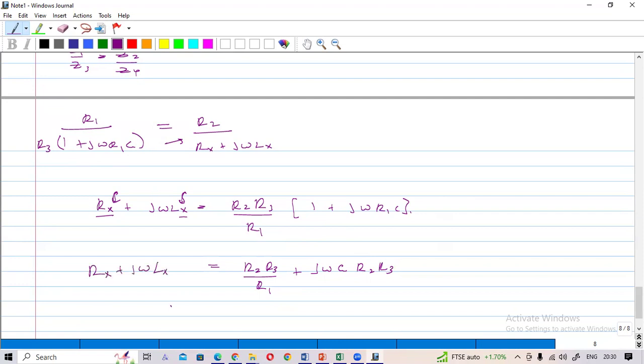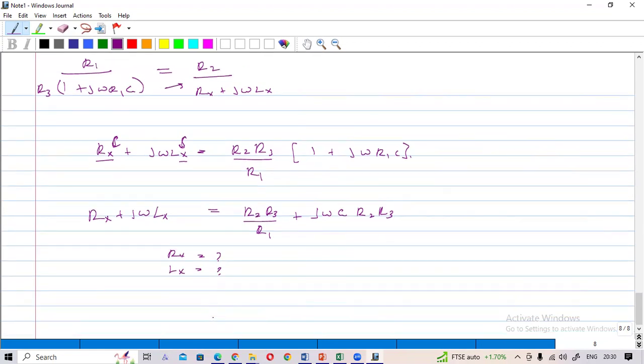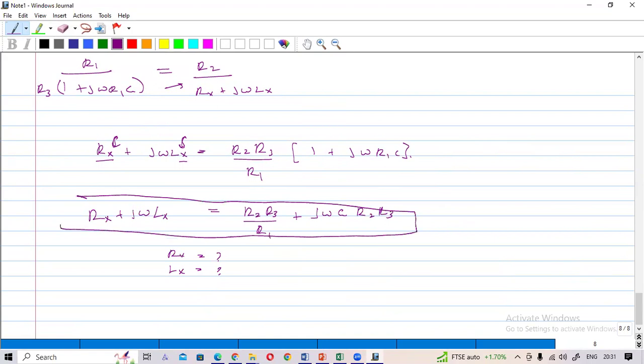Then how can we find Rx and Lx using this equation?